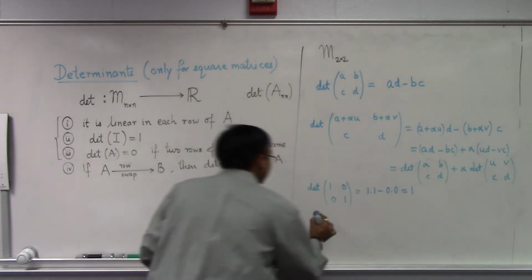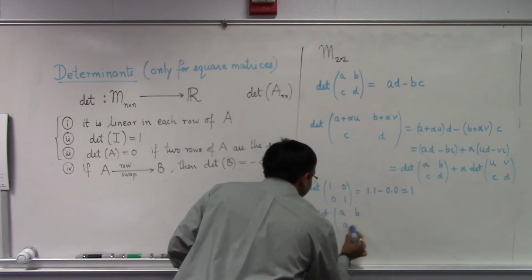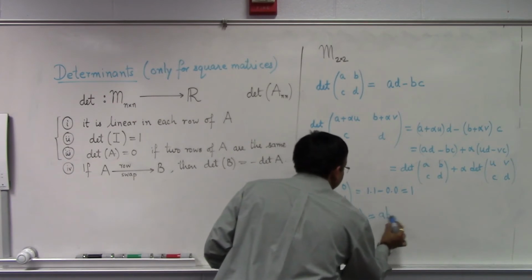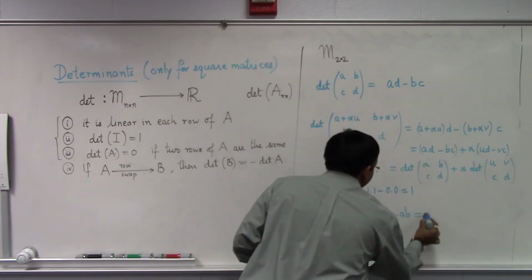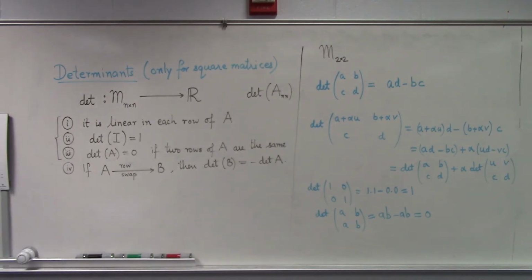The determinant is 0 if two rows are the same. If I was computing the determinant of A, B, A, B, according to this formula it should be AB minus AB, which is 0. So whenever two rows are the same, the determinant is definitely 0. So our candidate function does satisfy the three properties, and you can check it satisfies the fourth property also. But let's not worry about it at the moment.